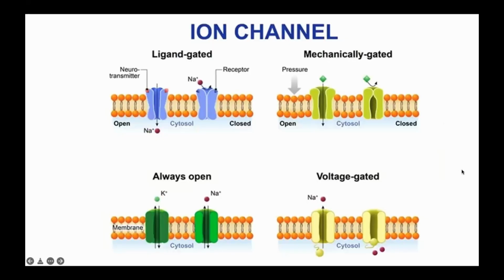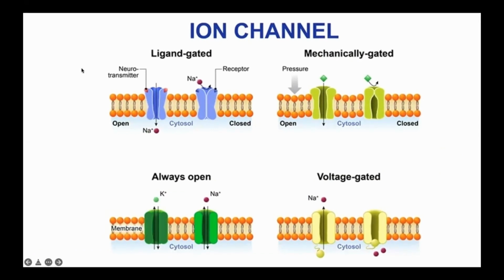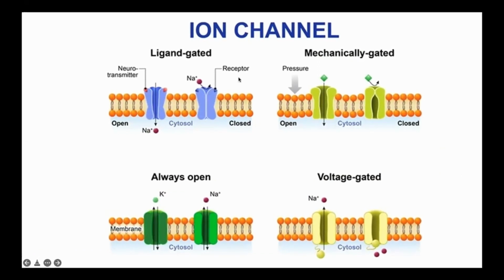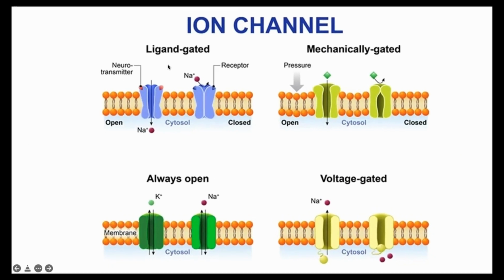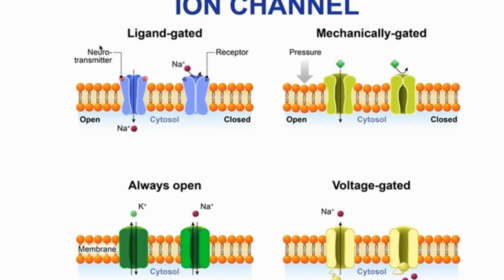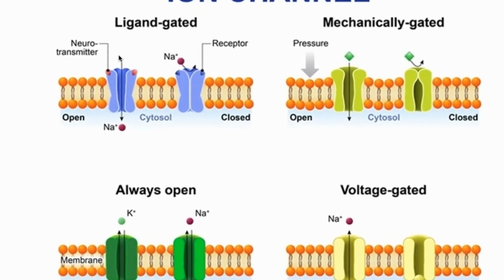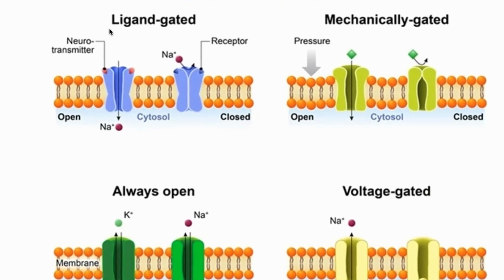So again, we said that you have different ion channels on the cell membrane. Ligand gated means that it responds to a ligand. A neurotransmitter can be a ligand. For example, acetylcholine can bind to the acetylcholine receptor, and that would be a ligand gated response.